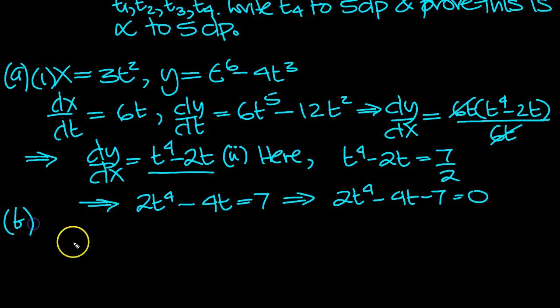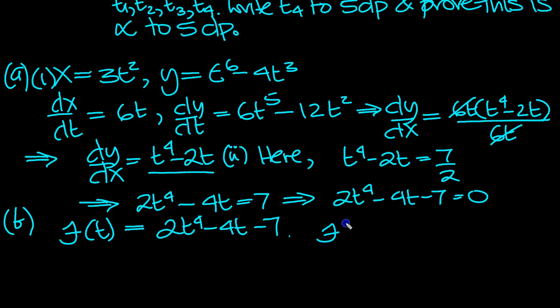So that's that verified. Now part B, we need to look at this equation and verify there's a root between 1 and 2, don't we? So f of t, let's give it a label, 2t to the 4 minus 4t minus 7. Now f of 1 and f of 2 is what we need to look at to see if they change sign. And if they do change sign, there will be a root between 1 and 2.